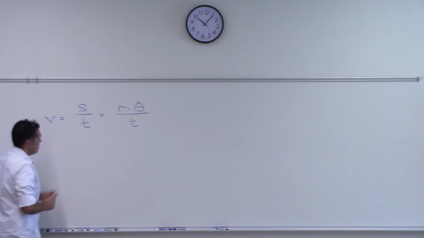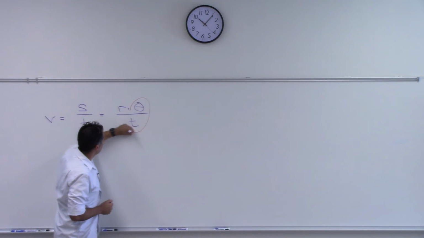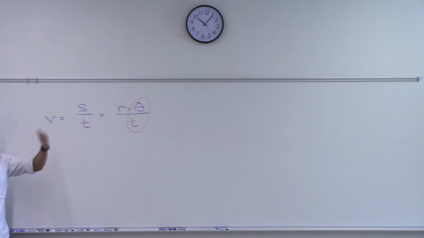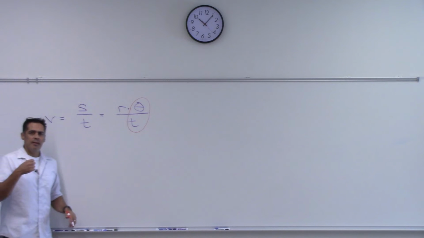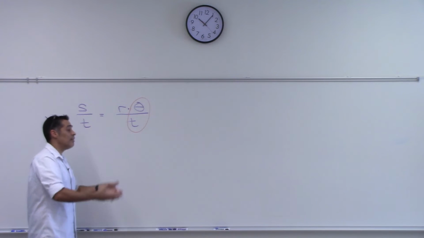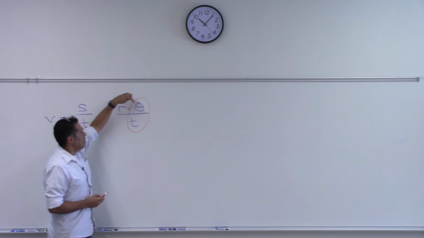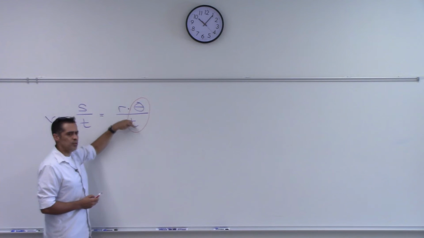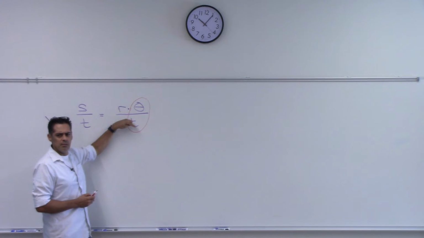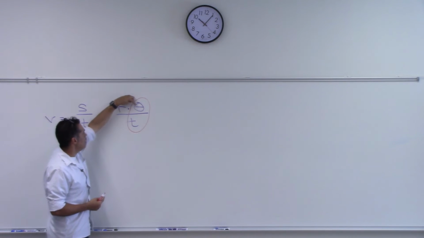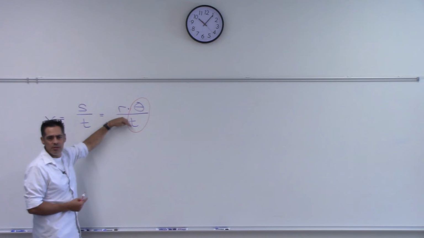And this theta over t was always something we were given. The bicycle tire, it was 50 revolutions per minute, so it went 50 times 2 pi over 1 minute. In the Earth spinning, it was 2 pi over 24 hours.